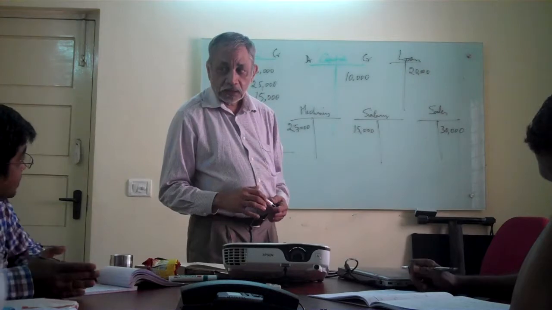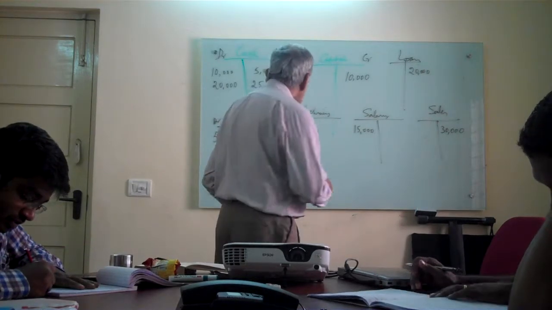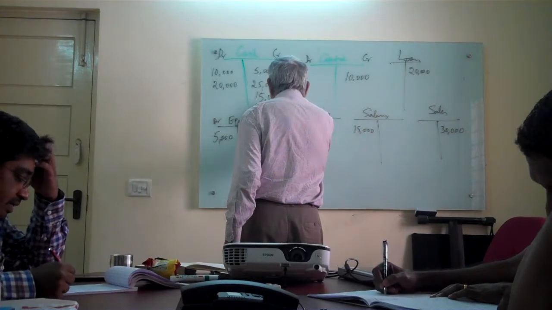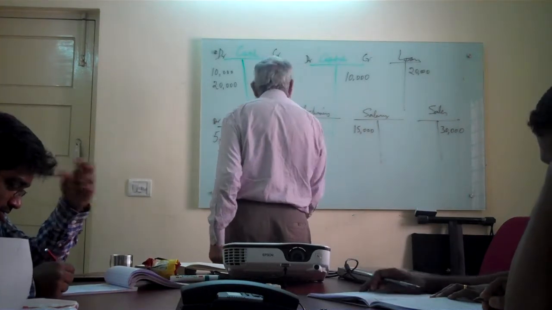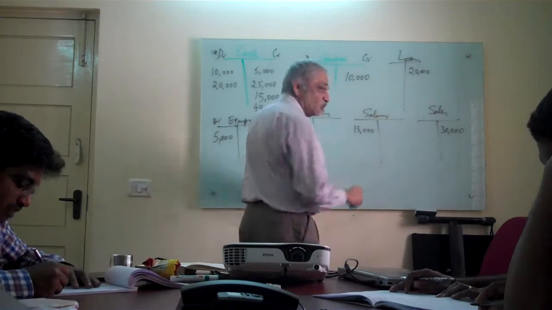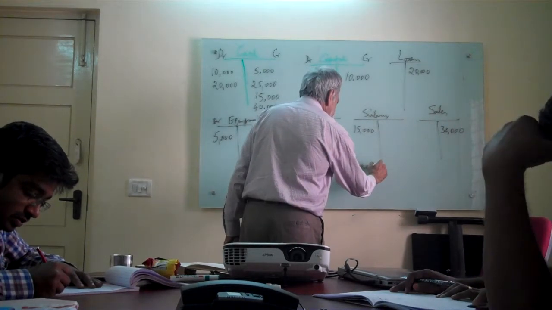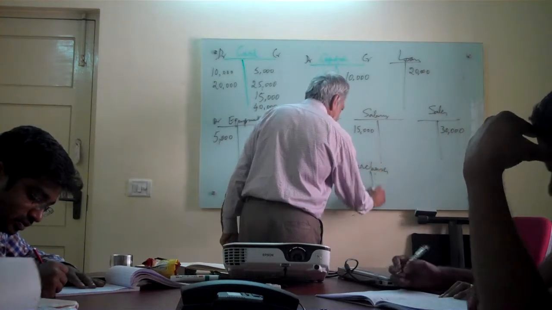Cash on the right side, 40,000. Materials on the left side. Not materials, purchases, because we use the word sales. Purchases, 40,000.